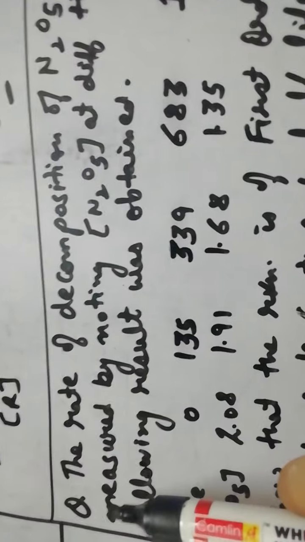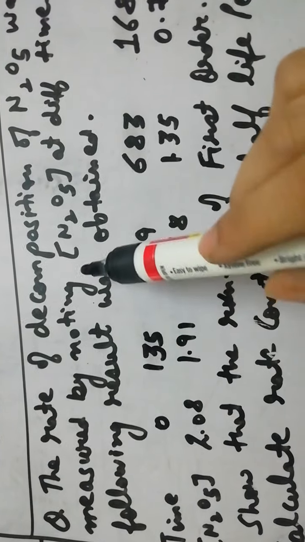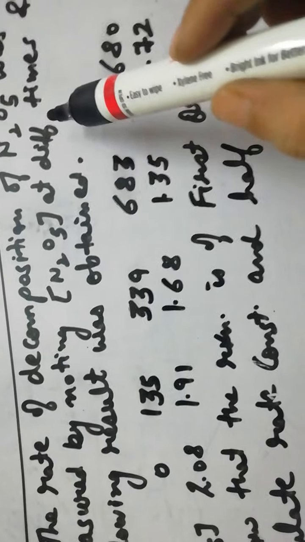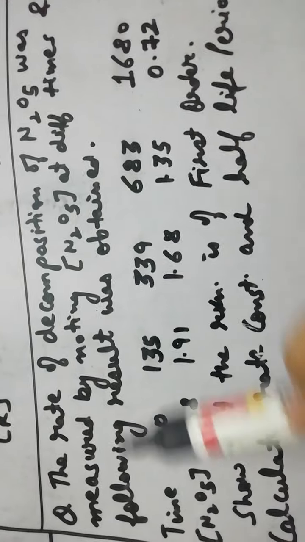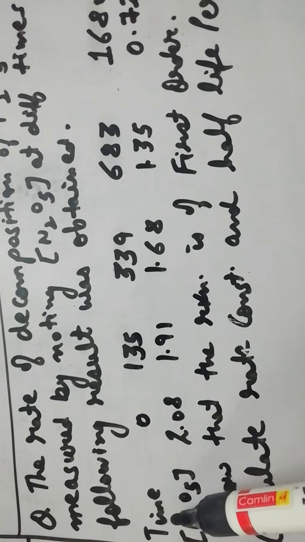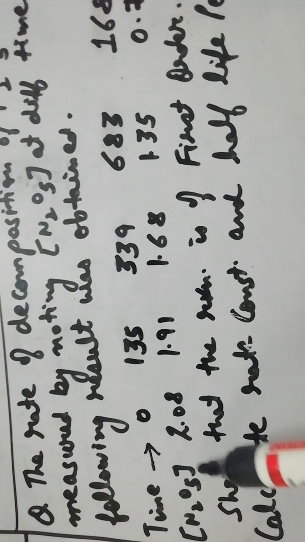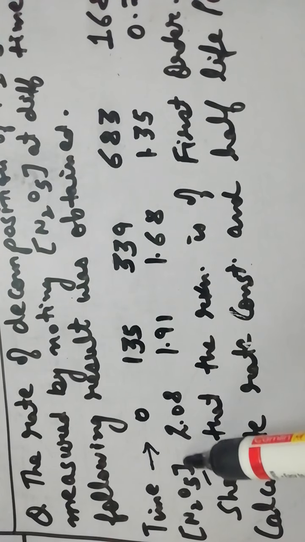So let us discuss one numerical so that the concept will be more clear. Our question is, the rate of decomposition of N2O5 was measured by noting down the concentration of N2O5 at different times, and the following result was obtained. This is the data of time which is given, and this is the concentration of N2O5 at different instants of time.